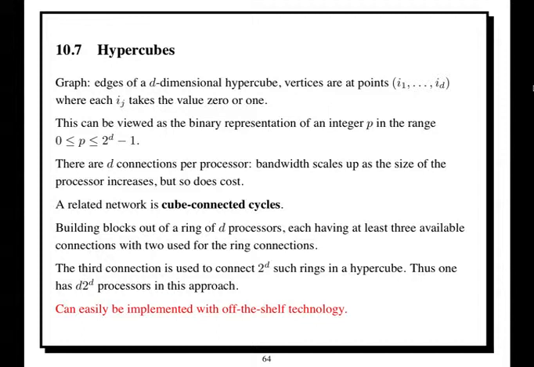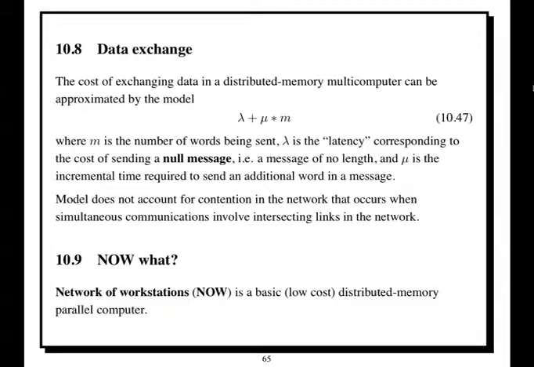Okay, so there are a wide variety of topologies. They all have a similar model for communication. There is a latency of communication that's rather high to go out over the network, and the rate of communication is given by some sort of bandwidth parameter.